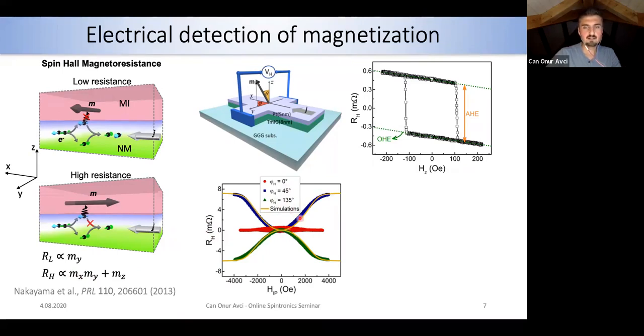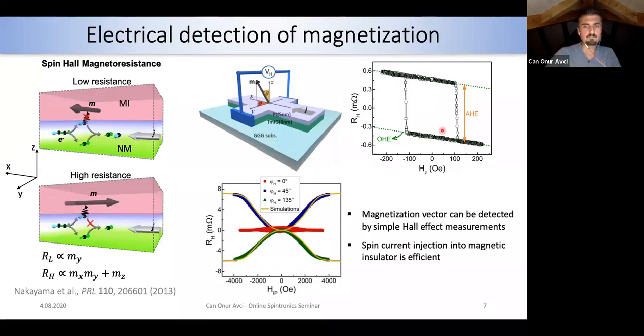This is interesting in itself, but what's more interesting for me is to be able to detect the perpendicular component of the magnetization, and that's easily done using this out-of-plane field sweep of the anomalous Hall effect. You see here that although it's small, it's a very clean measurement of the out-of-plane magnetization.